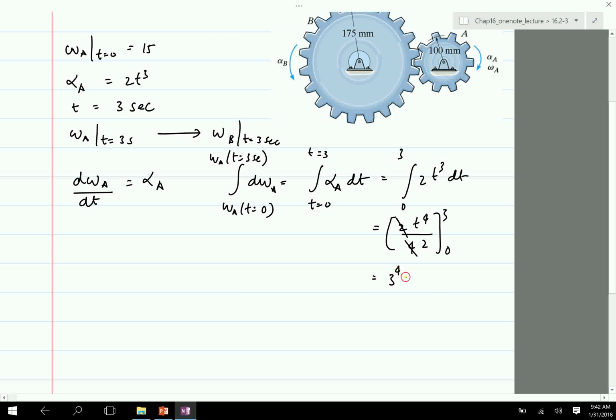That's 3 raised to 4, which is 81, divided by 2, so that's 40.5. So this is all equal to omega at t equals 3 minus omega at t equals 0.